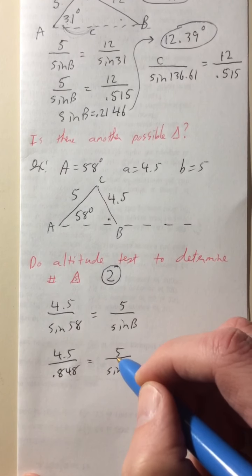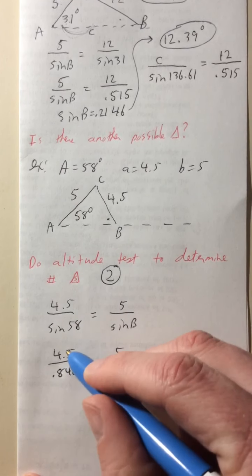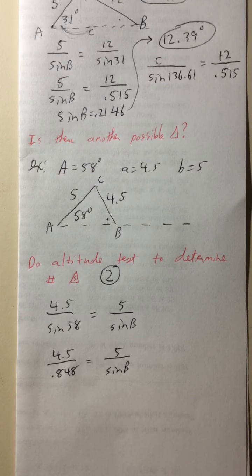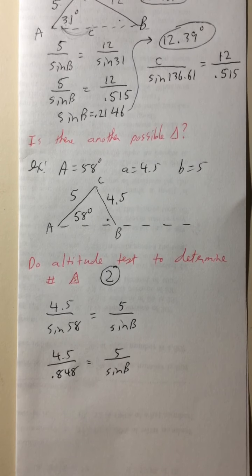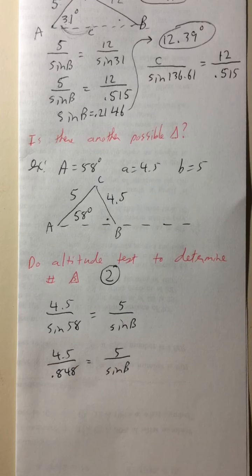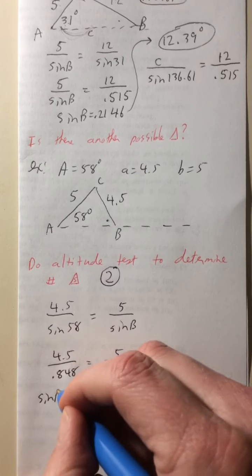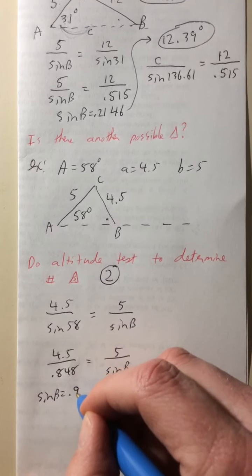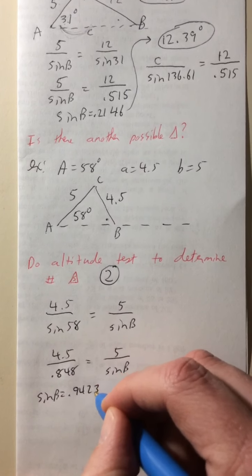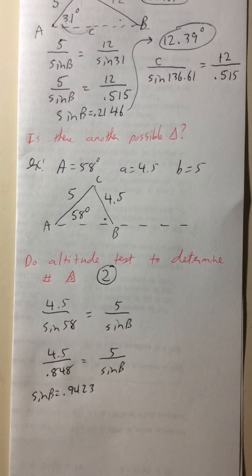So again, we're going to cross multiply and divide. So we multiply here, divide there. So times 5 equals, divide by 4.5 equals, and we have 0.9423. So sine B equals 0.9423. And then we do the arc sine of that.